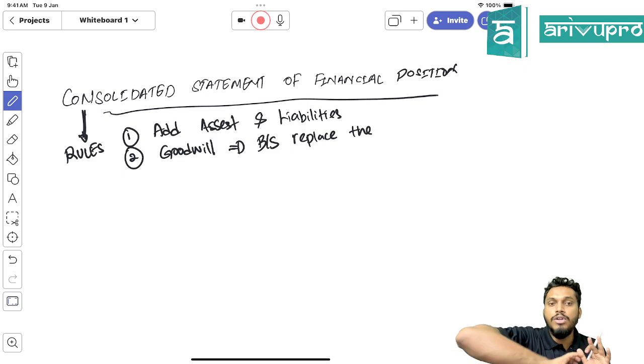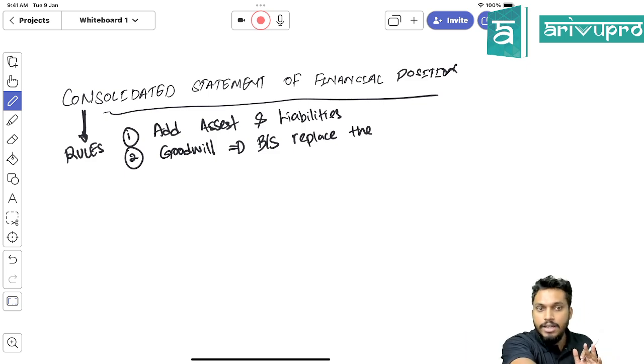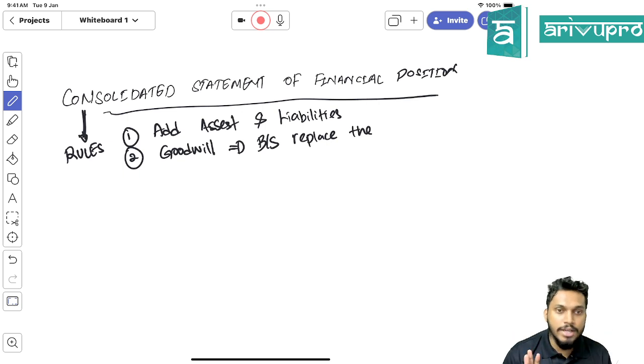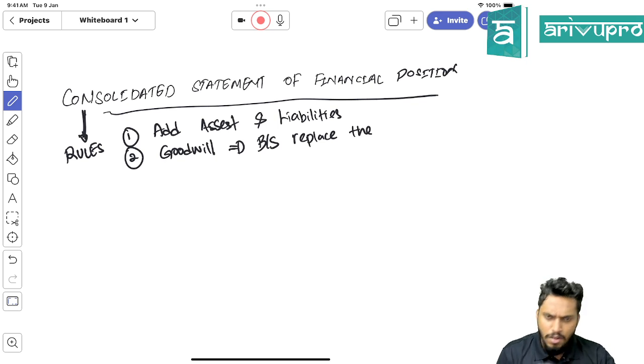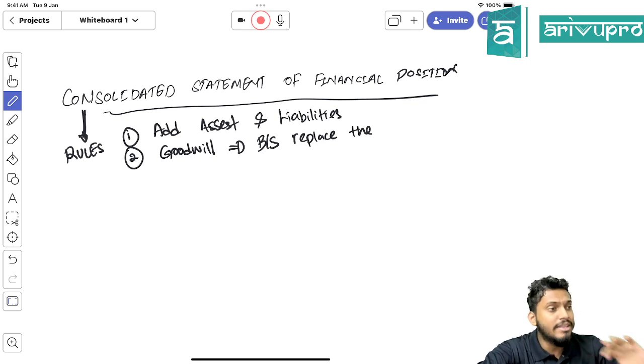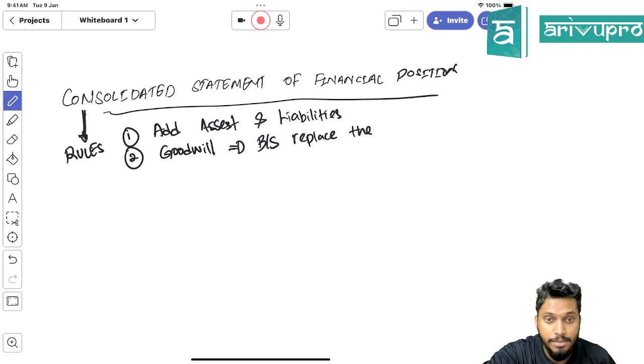So are you going to remove or replace the entire investments? No. In that situation, you need to make sure that the 50% of investment that you have made in other companies or other assets needs to be shown in your statement of financial position. Only the investment in the subsidiary needs to be replaced by goodwill.